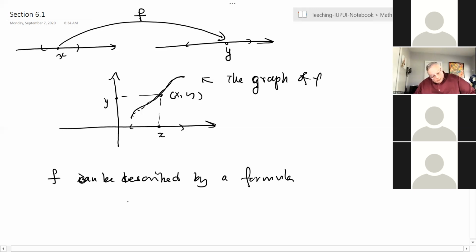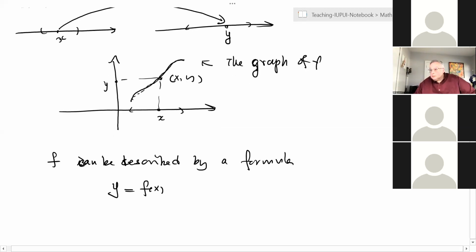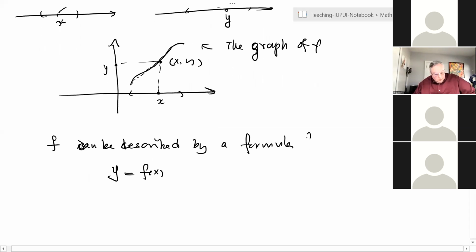The formula is y equals f of x. So you have to give me a formula. Otherwise, how do you assign a y value to a given value of x? Usually you are given the formula f of x, so then you can set up this correspondence.